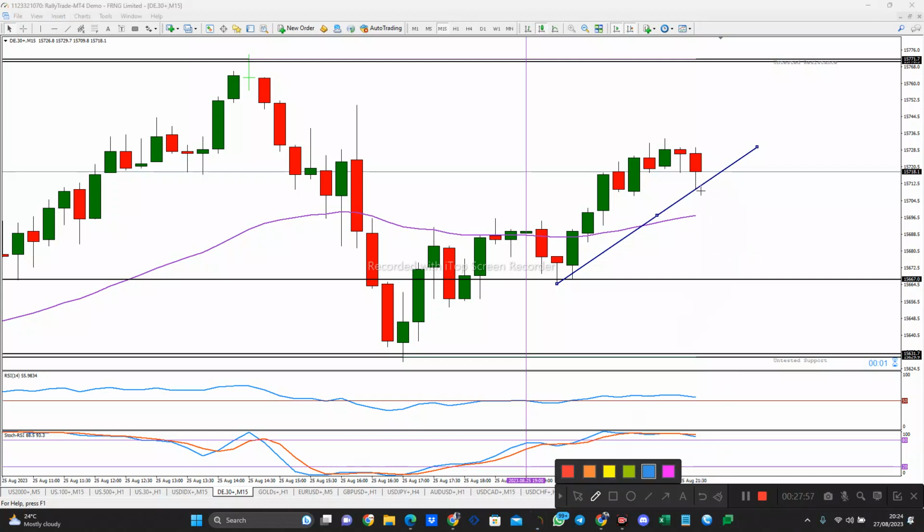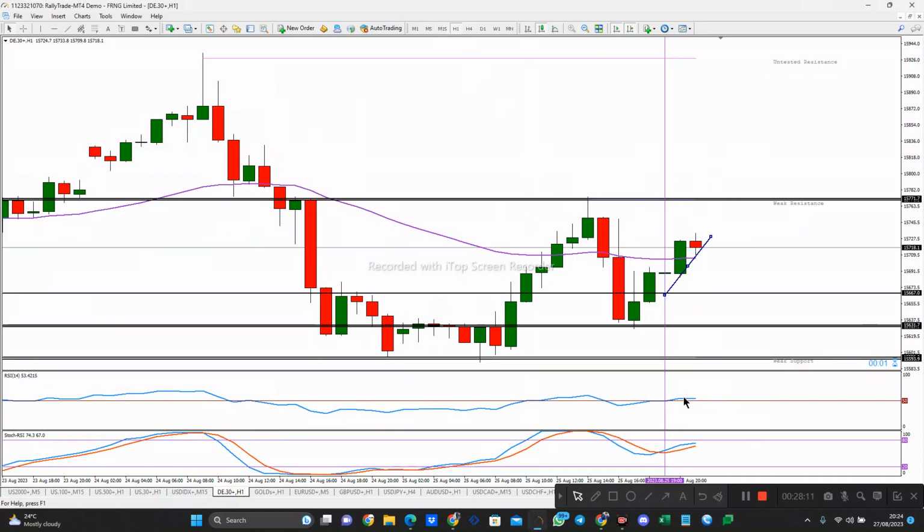You can have another candle here with another wick. If it does that, I can adjust my trend line from here to this one. As long as what? As long as my RSI is still above what?